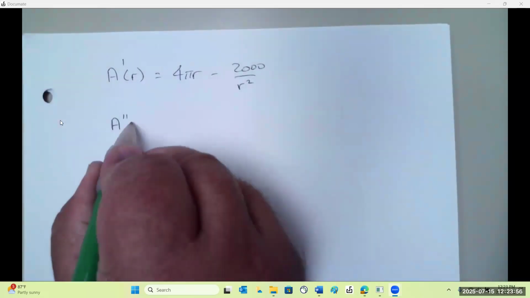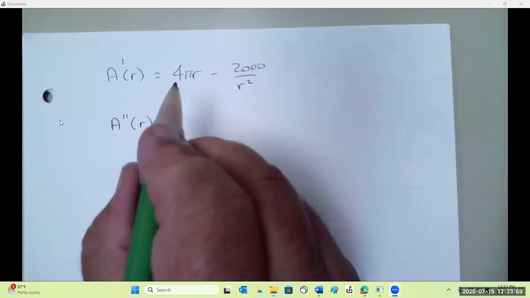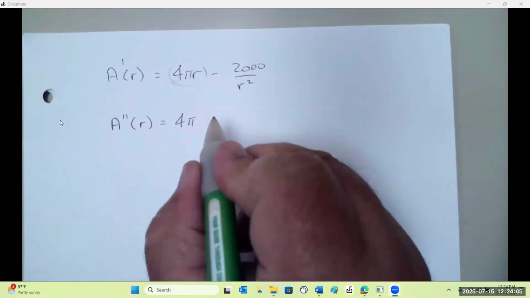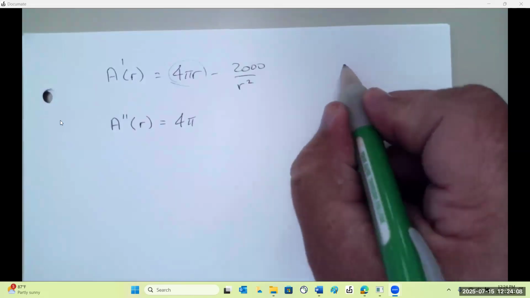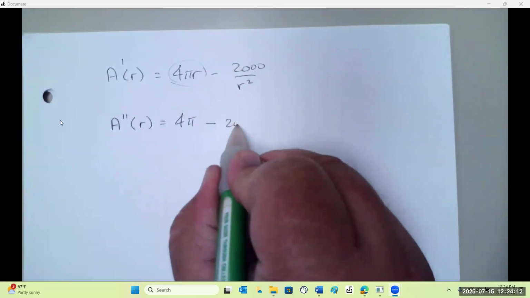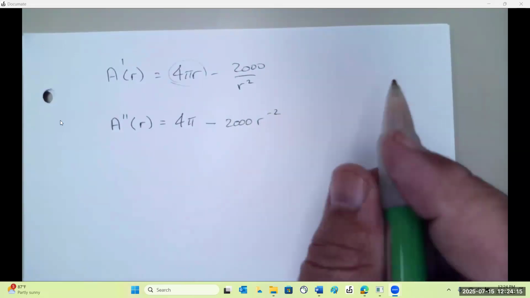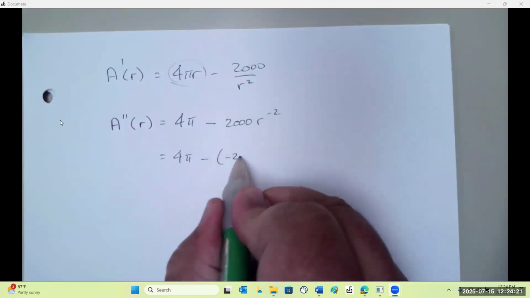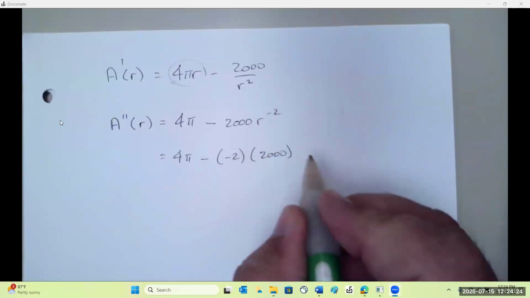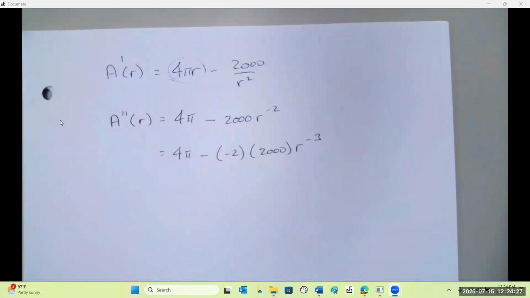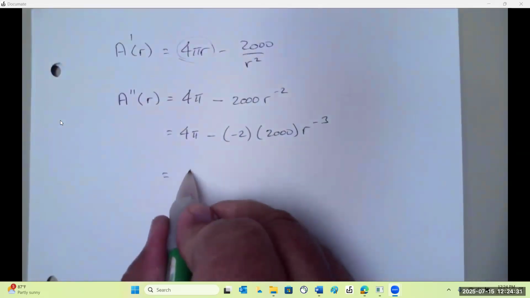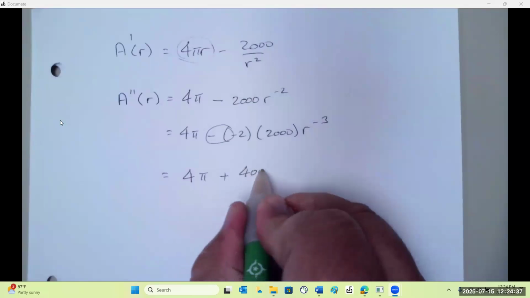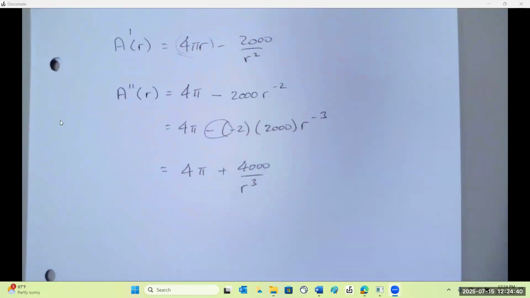The next derivative of 4 pi R is 4 pi, minus 2000 R to the power negative 2, bringing the 2 down, and R to the power negative 3, which makes it into 4 pi plus 4000 over R cubed.